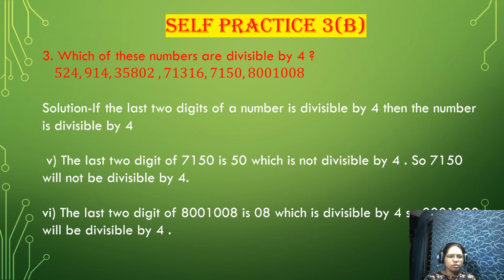So in these questions, 524 is divisible by 4, 914 is not divisible by 4, and 35,802 will not be divisible by 4, as 02 is not divisible by 4. 71,316 is divisible by 4, as the last two digits 16 are divisible by 4. 7150 will not be divisible by 4 as the last two digits 50 are not divisible by 4.